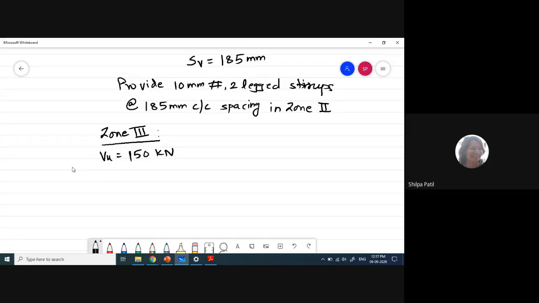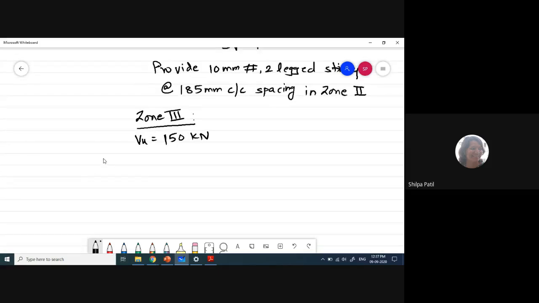Now from step number 1 to step number 6, where will there be a change? Step 4. Yes, the shear force resisted by shear reinforcement. So let us go through all the steps quickly.